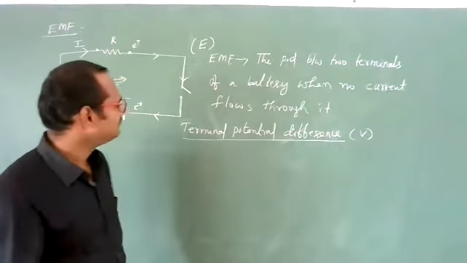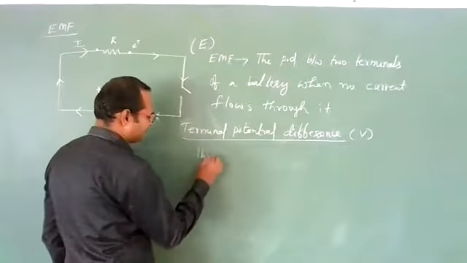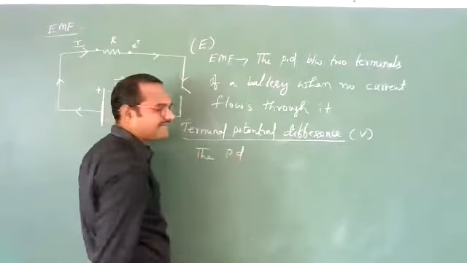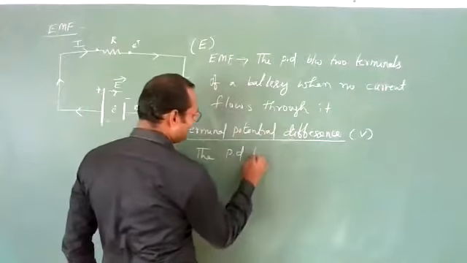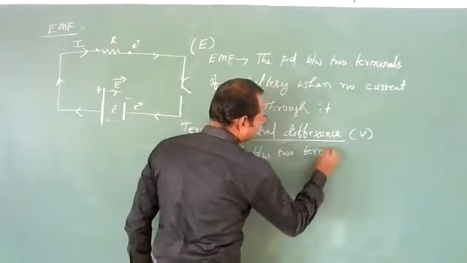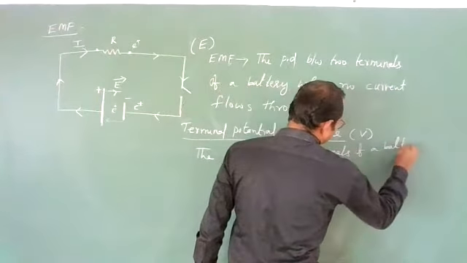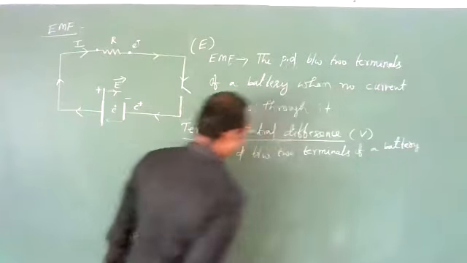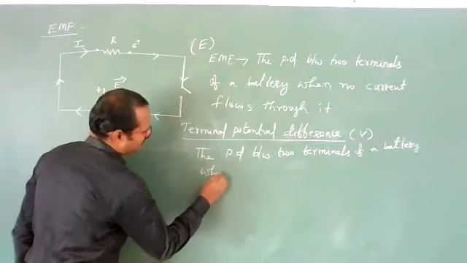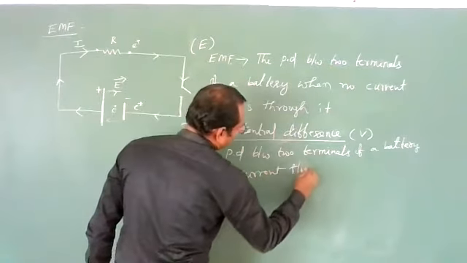Terminal potential difference is nothing but the potential difference between two terminals of a battery when current flows through it.